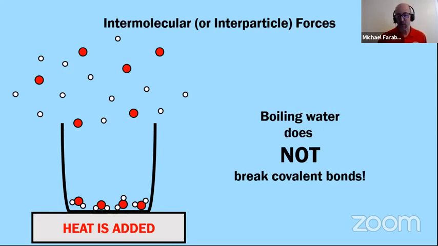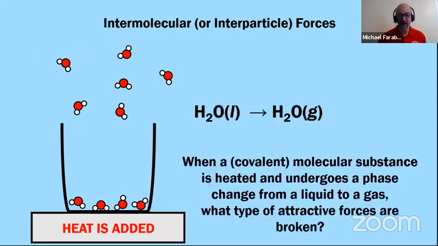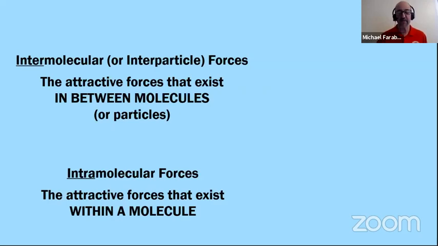Now, you are breaking the water molecules apart, but they are still water molecules. Let's talk about when a covalent or molecular substance is heated and undergoes a phase change from a liquid to a gas. What type of attractive forces are broken? This is a very common misconception that we see year after year in AP chemistry.